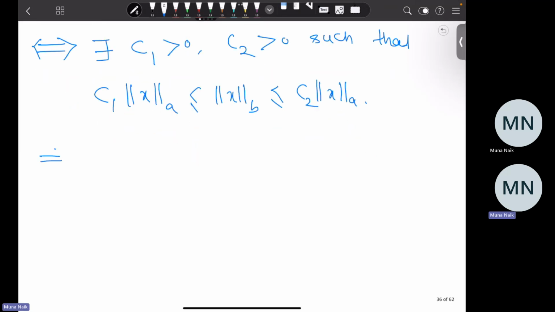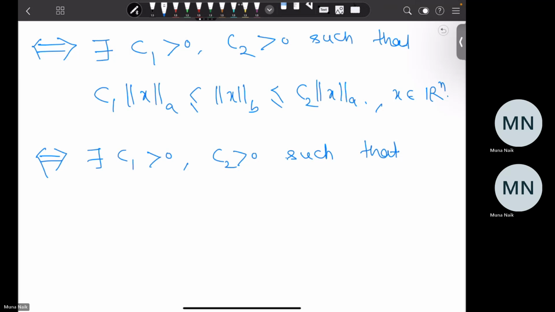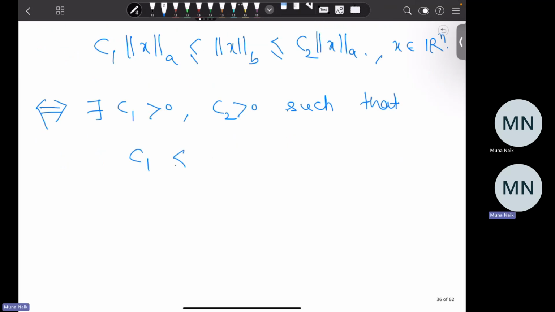You want to show this for all x belonging to Rn. This is equivalent to showing that there exist c1 and c2 greater than 0 so that c1 is less than or equal to norm x_B by norm x_A, which is less than or equal to c2, for all x belonging to Rn minus 0.